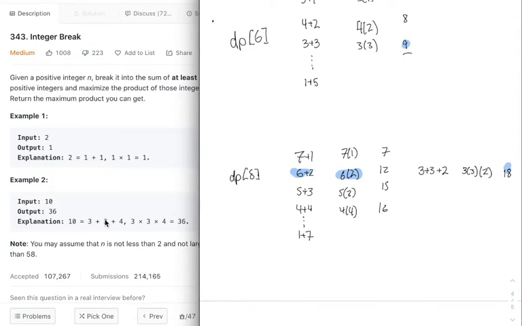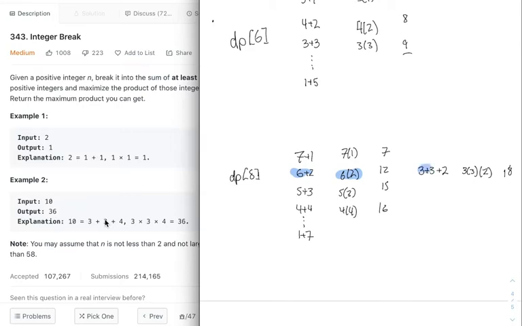Now, there is one question I have, which is, okay, so we know we can split up this 6, right? Well, because this is dynamic programming, we realize, hey, we've actually solved this subproblem before. Where have we seen this 3 plus 3 is equal to 6?